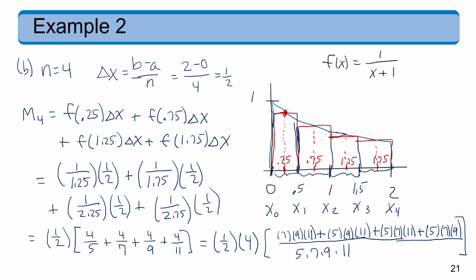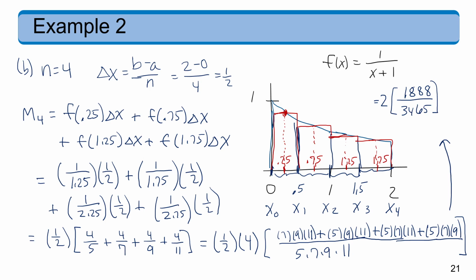Okay, so then let's continue up here. So in front we have 1/2 times 4, which is 2. And then inside the brackets, the numerator comes out to 1888 and the denominator 3465.